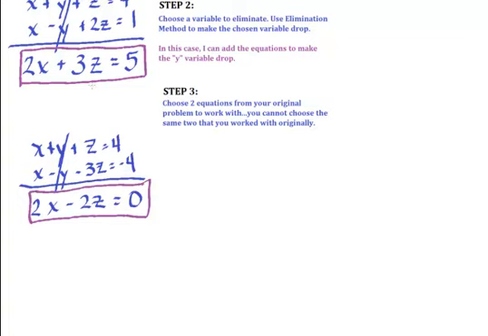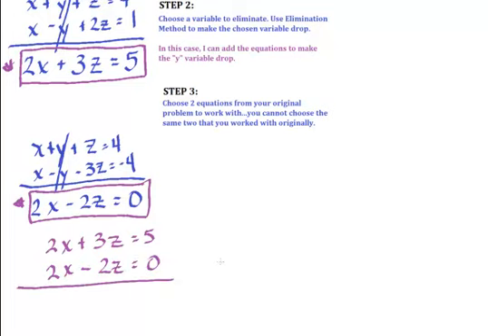If I write down 2x plus 3z equals 5, and I look at this next equation, 2x minus 2z equals 0, I ask, what can I do to these two equations?